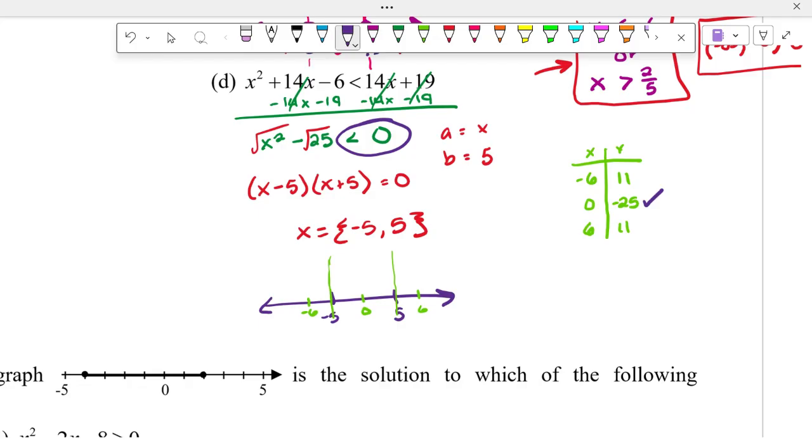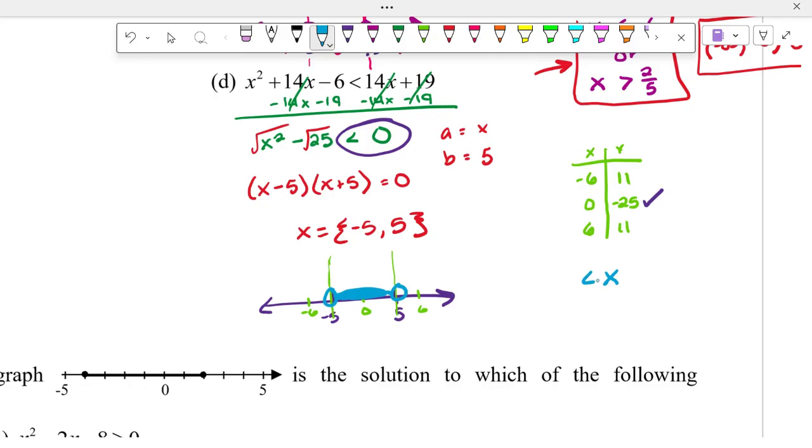Thus, my solution set is where? Is it on either side or between? Between. So it would be right here. Now, would I have open or closed circles? Open. So I would write this as a compound inequality to represent this between.